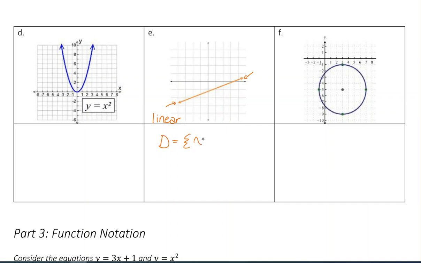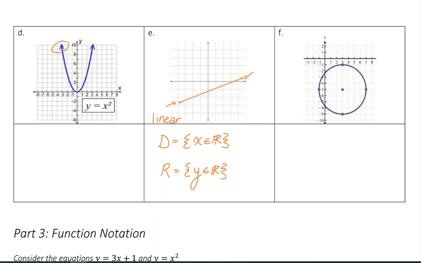The domain, x is an element of real numbers, and there are no restrictions. The range, y is an element of real numbers, and there are no restrictions. But for our example in D, we actually have to do some restrictions here because we have a quadratic.